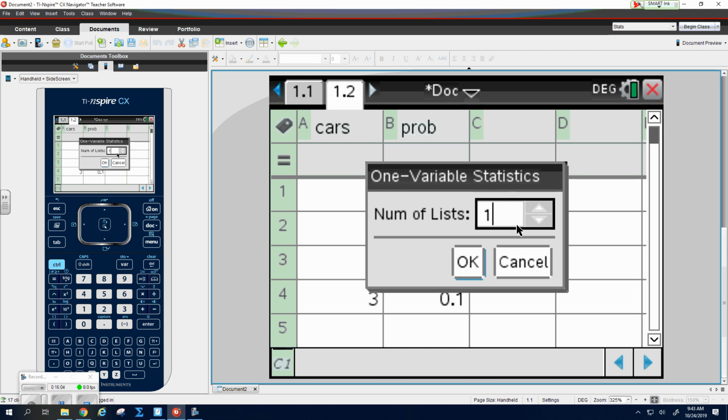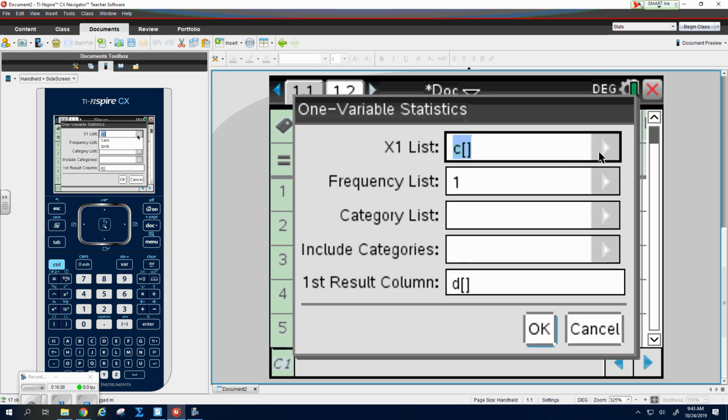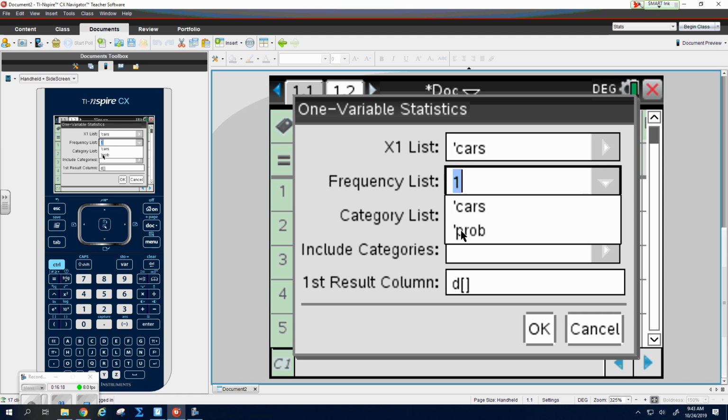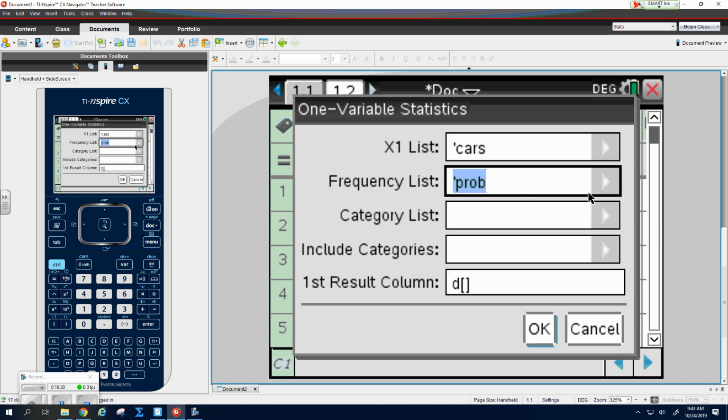Don't change that to 2, it's just 1, all right? Here's where it's different. Last time we only had to put one thing in. For this part, your X list is whatever your variable is, which is cars, and your frequency list changes. We now plug in that probability for frequency list, and then press OK.